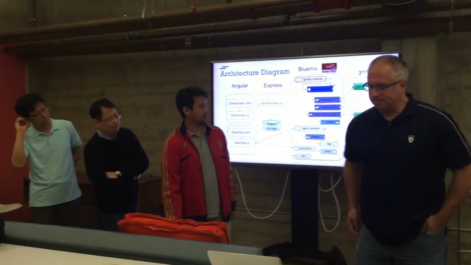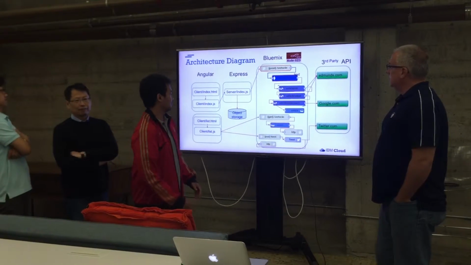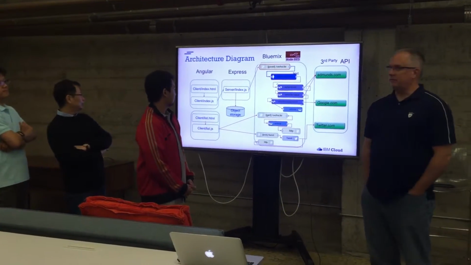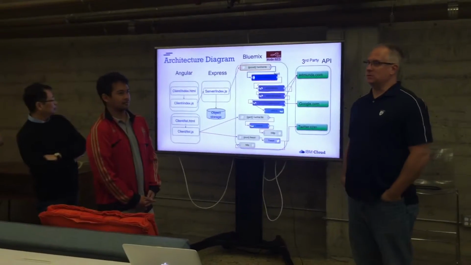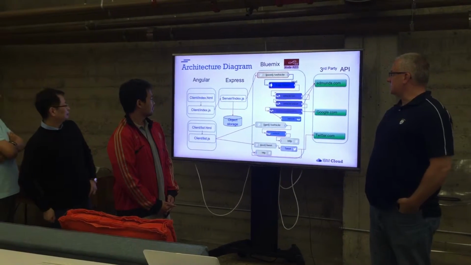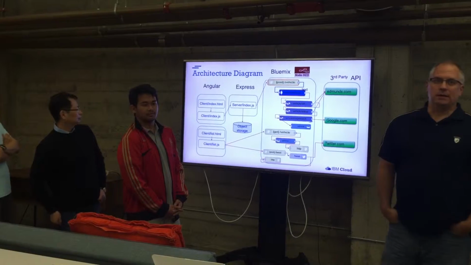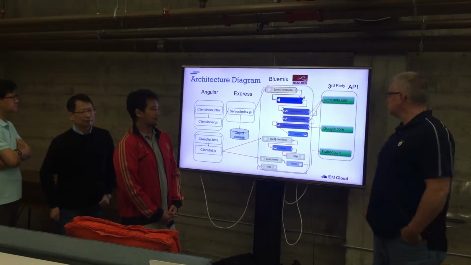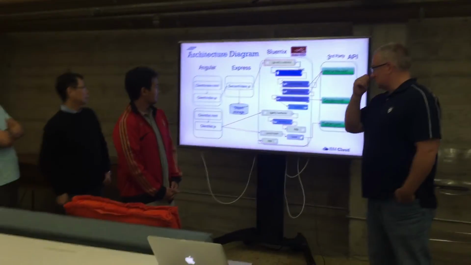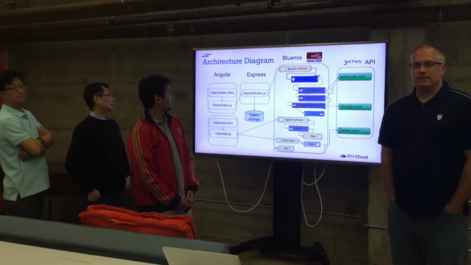Our block diagram looks a little bit like this. We took advantage of a lot of stuff we've learned this week. We used Angular and Express on our node side, stored the original picture in object storage for later use. And then we made a lot of use of Node-RED.